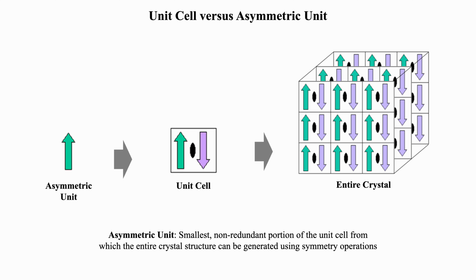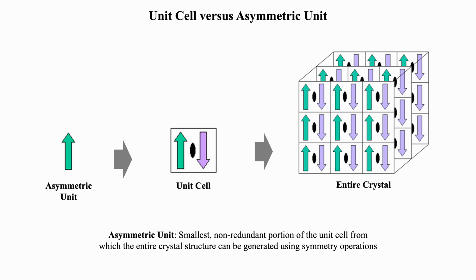However, due to crystal symmetry, such as reflections, rotations, or other symmetry operations, not all parts of the unit cell are unique. Instead, only a portion of the unit cell is unique, and the rest can be derived by applying the symmetry elements of the crystal structure.